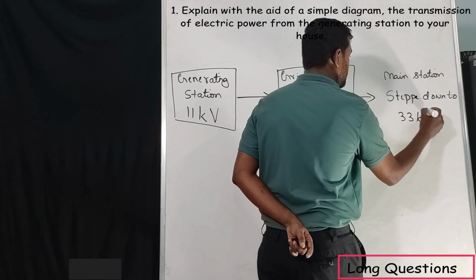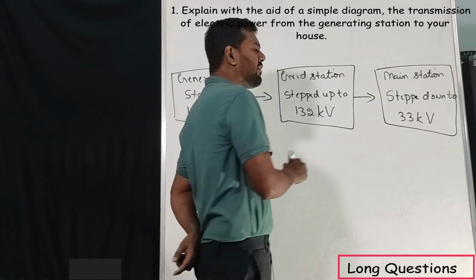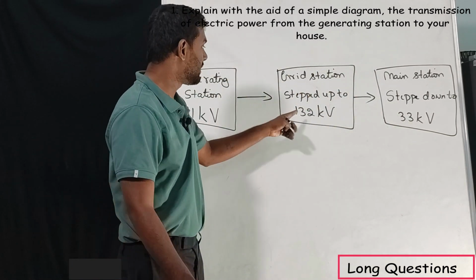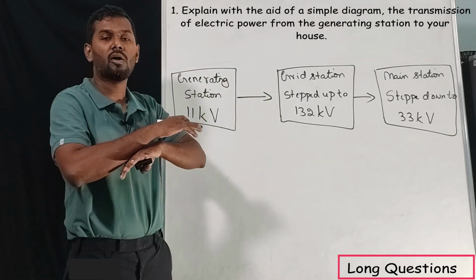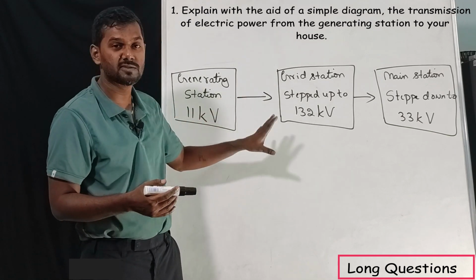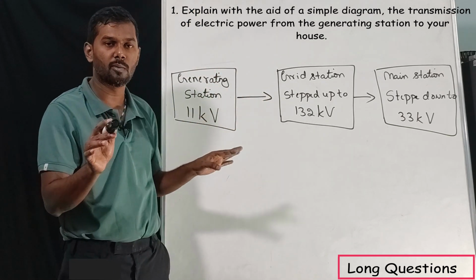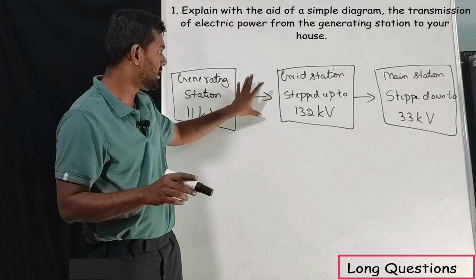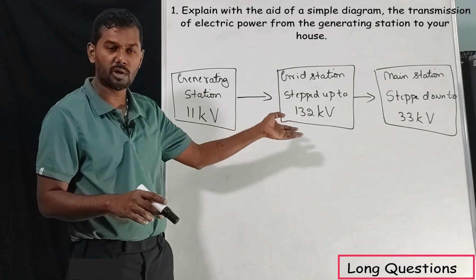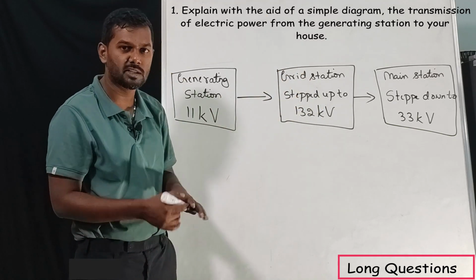33 kilovolts. Why do we need to step down to exactly 33 kilovolts? Stepping up and stepping down are always based on the transformer. We are going to learn about transformers in the next chapter, electromagnetism. For now, don't worry about it. You just need to know that stepping up means increasing the voltage, stepping down means decreasing the voltage.